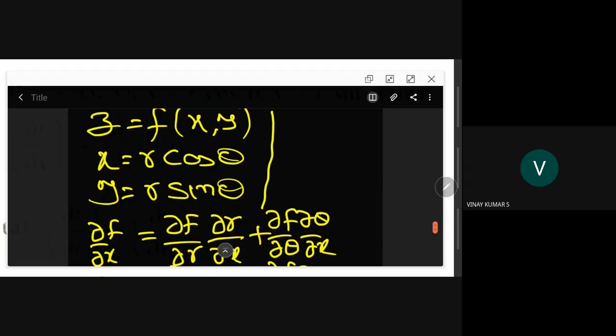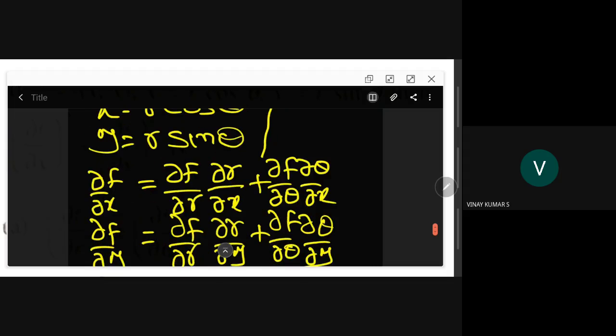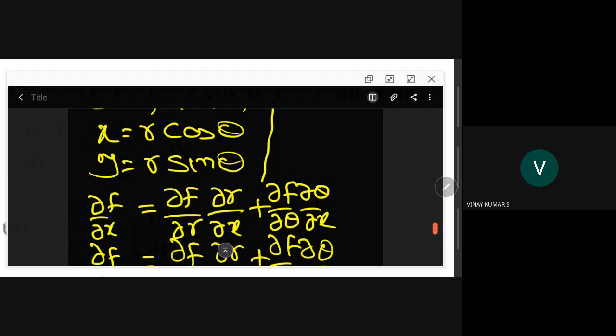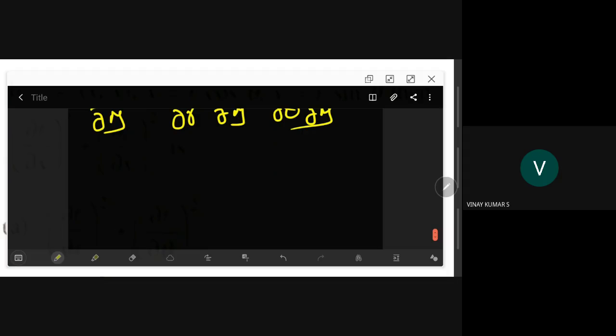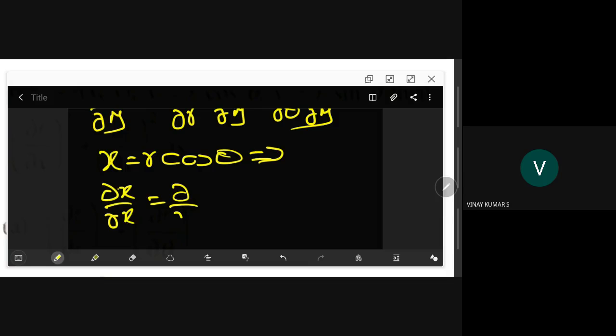See here, ∂r/∂x, ∂r/∂y, right? So now see, x is equal to r cos theta, y is equal to r sin theta.